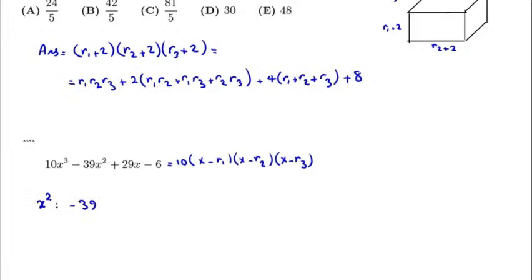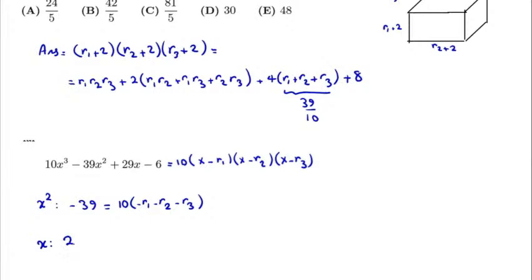And you can use Vieta's formula I told you, or here we can calculate the coefficient of x squared on left hand side is 39. We consider 10 here for coefficient of x cubed to be equal. Coefficient of x squared 39 on left hand side, on right hand side will be 10 times negative R1 minus R2 minus R3. So R1 plus R2 plus R3 will be 39 over 10. Now let's consider coefficient of x.